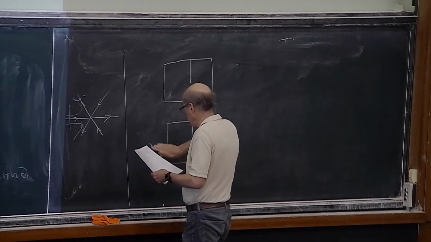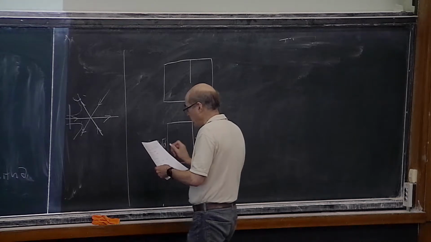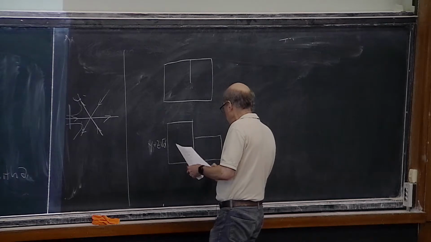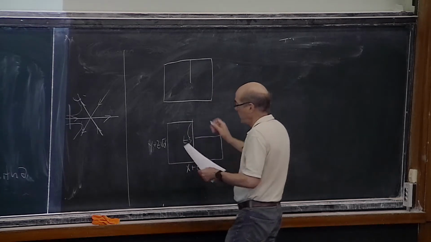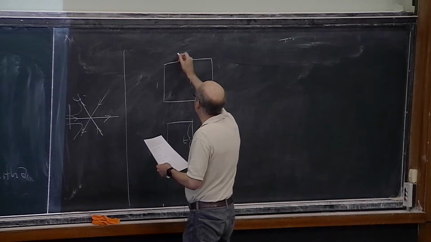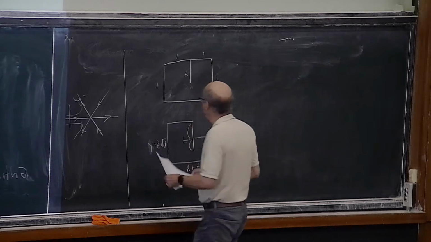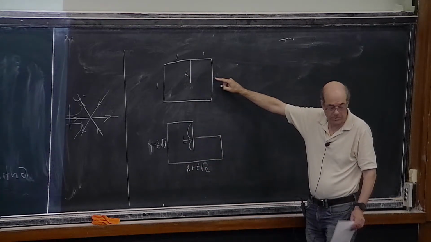So, for example, the translation surfaces corresponding to these tables, and this is 1, 1, 1, 1, T. So this is the slit billiard we talked about before.